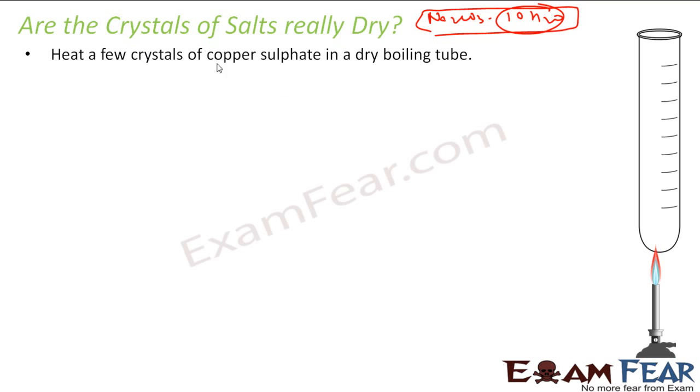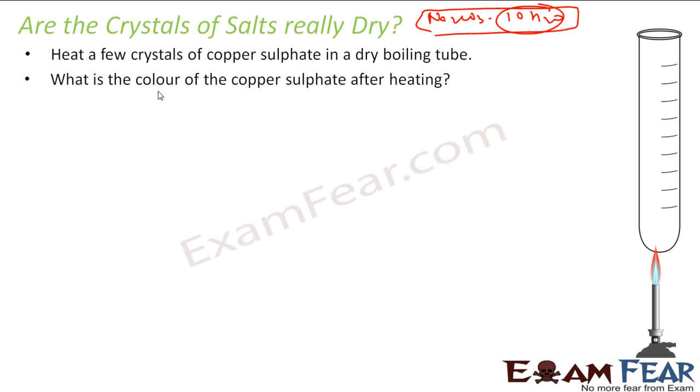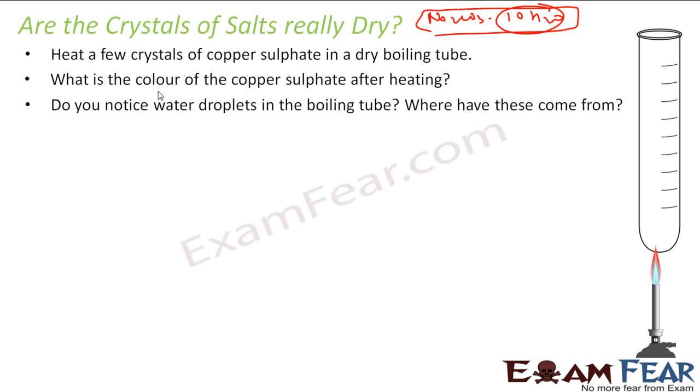So in this case, we'll take a few crystals of copper sulfate in a dry boiling tube and observe the color of the copper sulfate. And now we'll heat it.